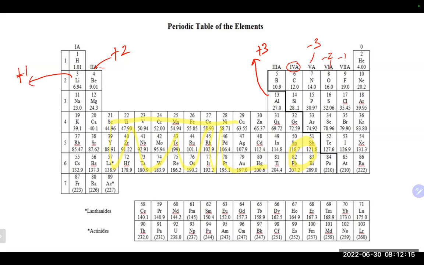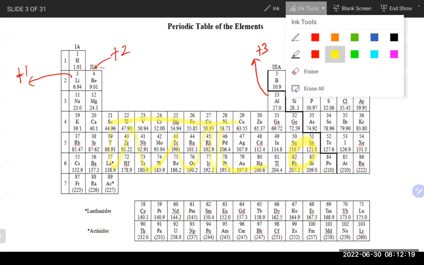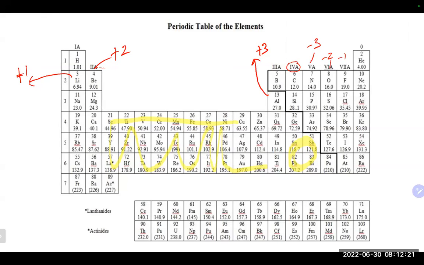Those guys can have a variable type of charge, so they can make different types of charges. The transition metal region, and a little bit to the right of it, has variable charge.